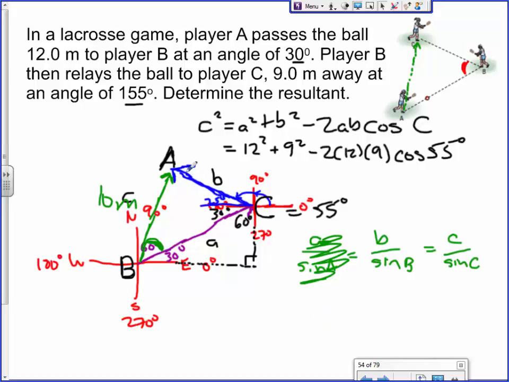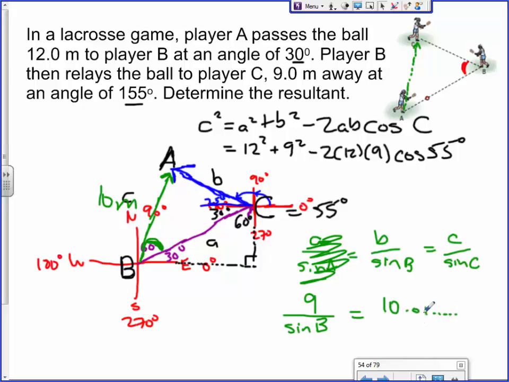We know side b, right? Side b was 9 meters. Sine of B, we actually don't know that. We're looking for what angle B happens to be, so I have to leave that sitting there. C we just looked up, right? We just found c. Now I wrote down 10, but wasn't the answer like 10.01, something like that?